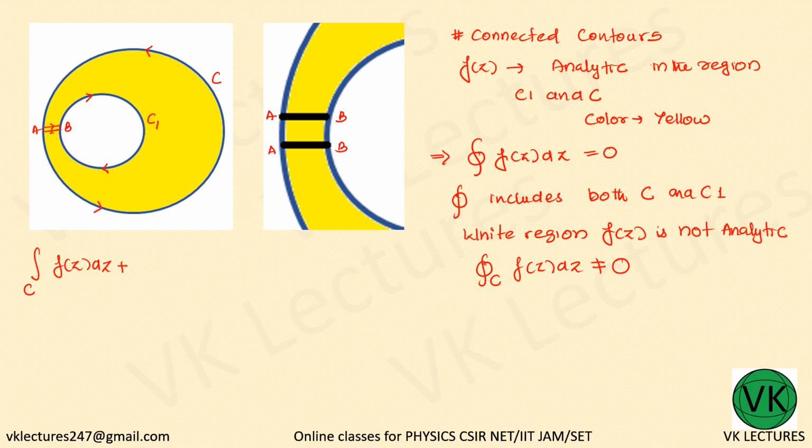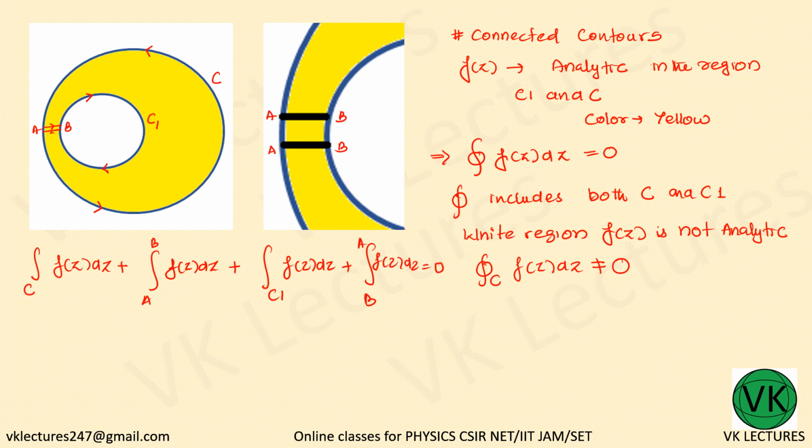So we have taken one complete rotation in C, plus the integral from a to b of f of z dz, plus the integral over the contour C1 of f of z dz, plus the integral from b to a of f of z dz, equal to 0.